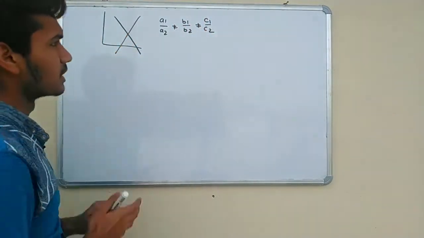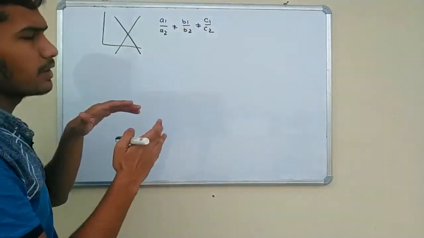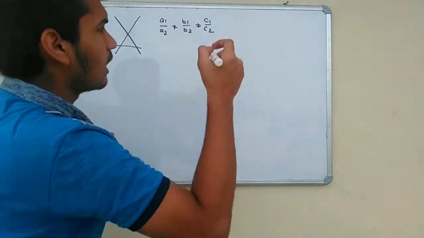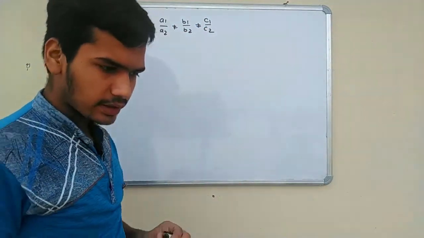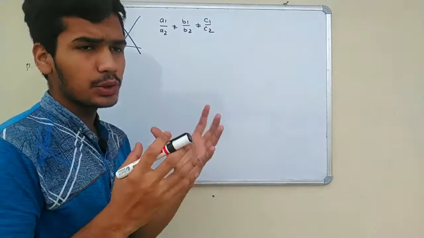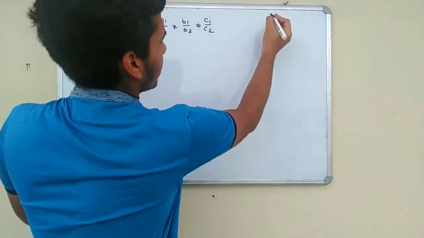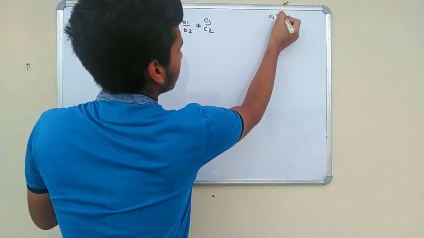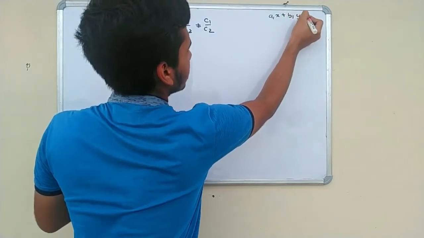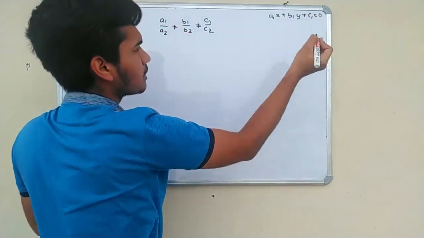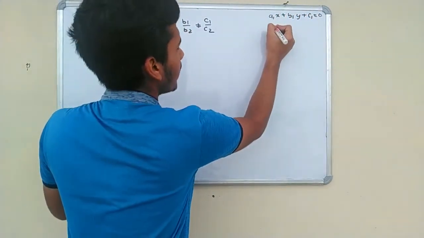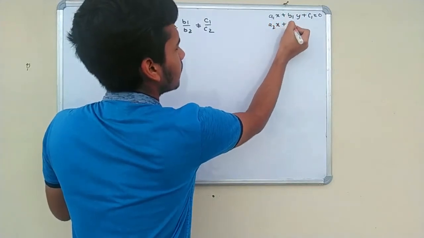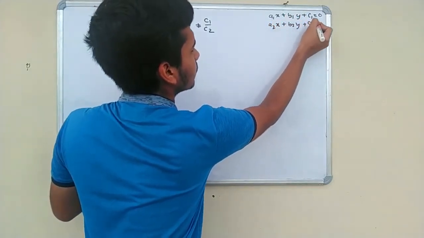Now what are a1, a2, b1, b2 and c1, c2? As we know, the linear equation in two variables has the general form a1x plus b1y plus c1 equal to 0 for one equation, and for the other equation it is a2x plus b2y plus c2 equal to 0.